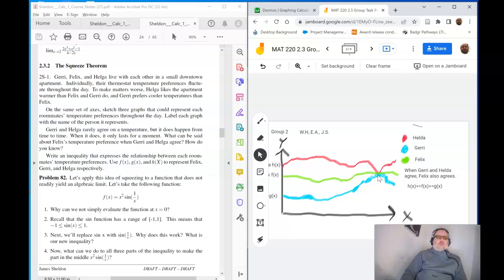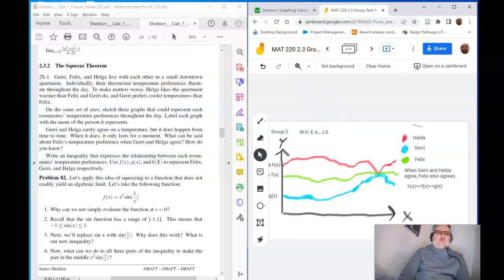And so we can extend this idea to work with limits. What we'll say with limits is that although the exact value at a point might be undefined, if we can sandwich it between two other functions that are defined at that point, then we can conclude that the limit of the function at that point is the same as the two other functions.